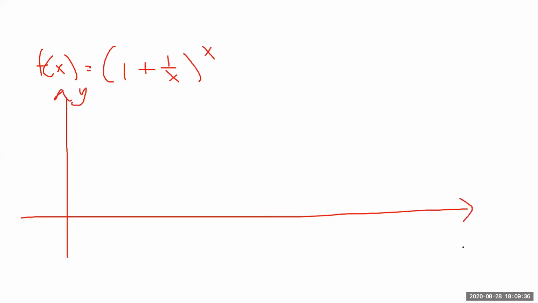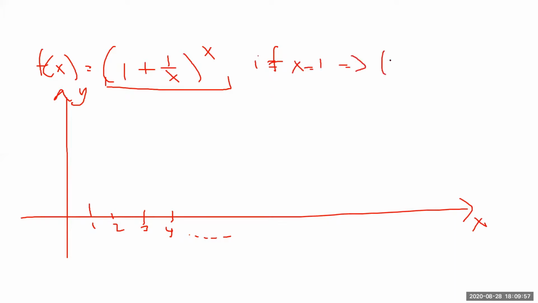So you have your y, you have your x, right? So there's 1, 2, 3, 4, and so on and so forth. The graph would look like this. If you plug in 1 for x, this would be 1 plus 1 over 1, to the 1 power, which is 2.